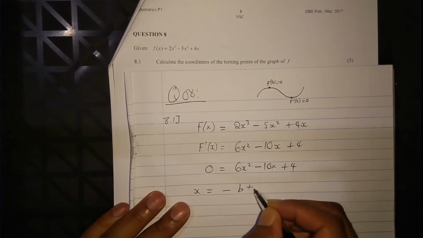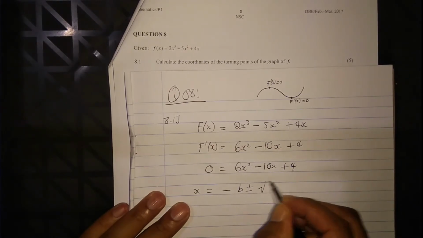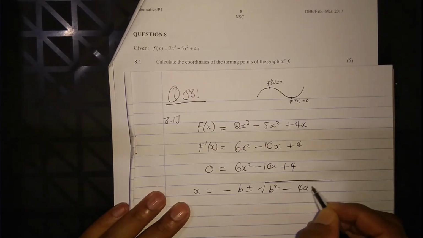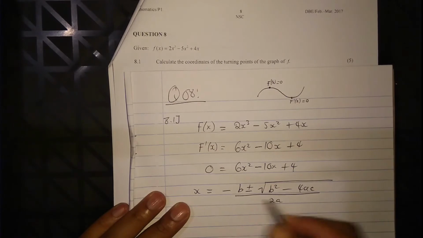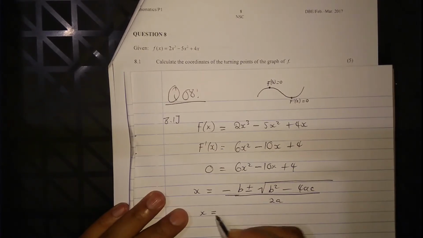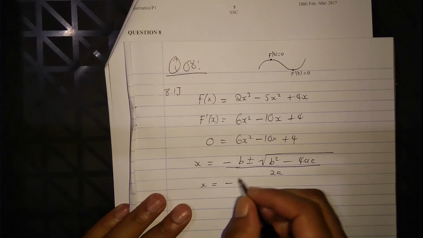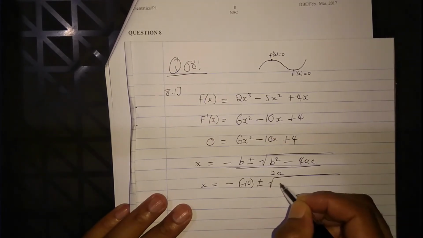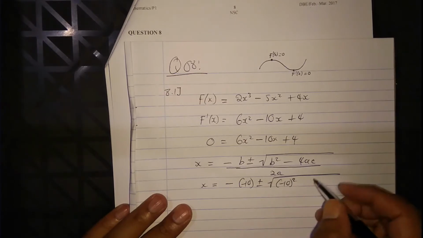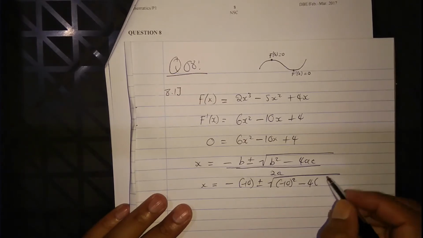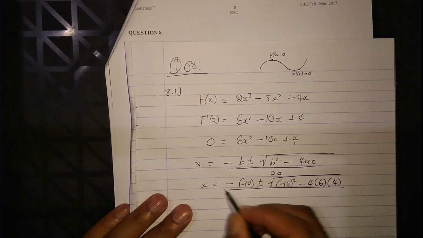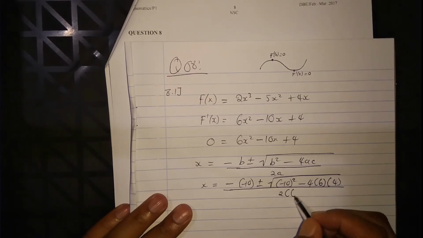Quadratic formula: x equals minus b plus minus the square root of b squared minus 4ac, over 2a. X is equal to minus b, it's negative 10, plus minus the square root of negative 10 squared minus 4, a is 6, c is 4, over 2 times a, what's a? It's 6.